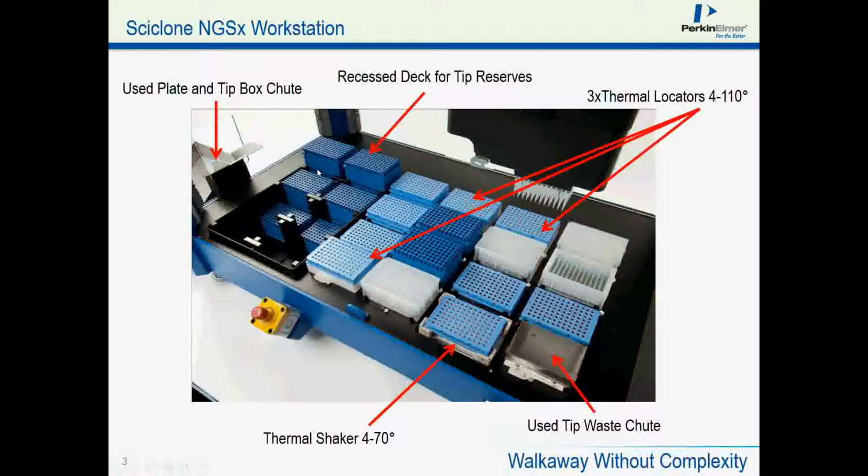So when a plate or a reagent plate is done, instead of wasting valuable deck space, we have this on the left-hand side. You'll see it says used plate and tip box shoe. Once the plate is complete, the robot has the ability to pick up that microplate or tip box and throw it out. Once that plate is gone, it is replaced either with a new tip box or with a new microplate.